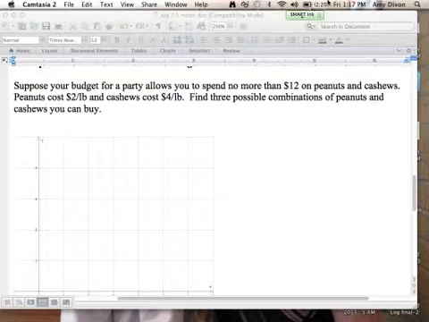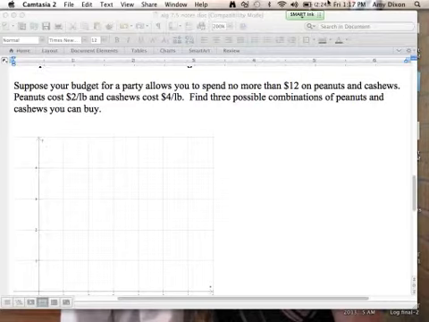So here's the things we know. We know we have to spend less than or equal to $12. We know that. We also know how much they cost. But what do we not know? How many pounds of each we're going to buy. Yeah. So those are our variables.